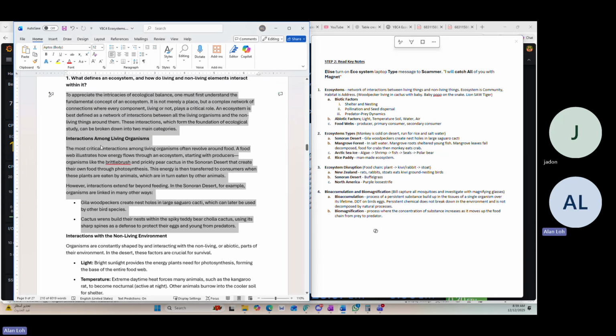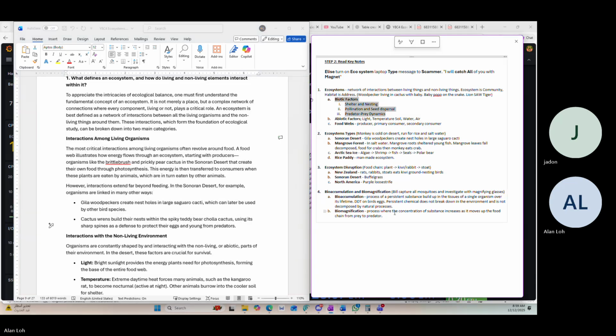So this part is talking about here. Do you agree? Yes or no? Jaden. Yeah, I'm done reading. Jaden, do you hear me? Yeah, I hear you. Okay.